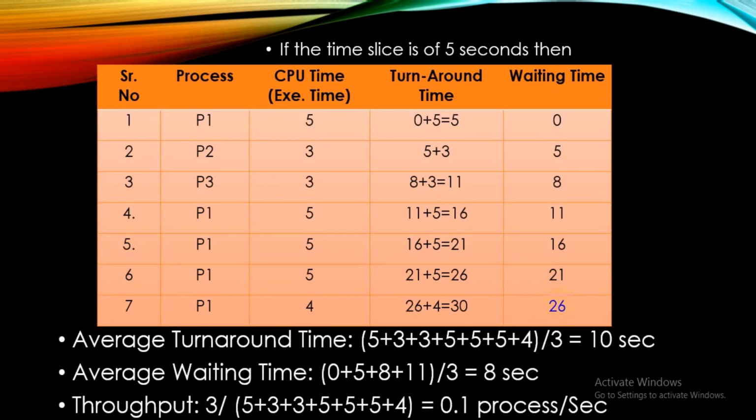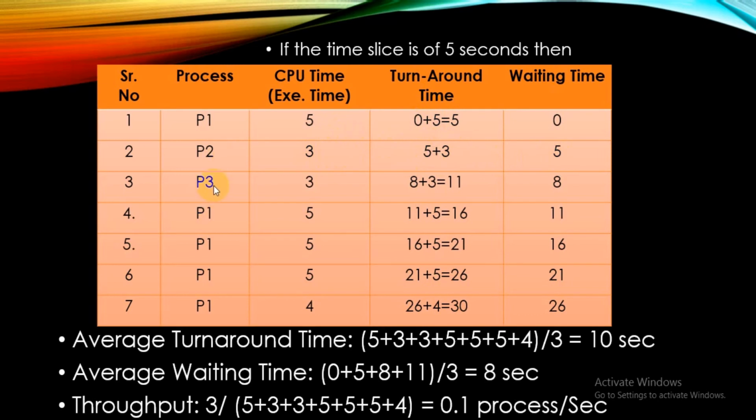Now, you have seen in the table, the P1 process executes for 5 CPU time. So turnaround time goes 0 plus 5 is equal to 5, and waiting time is 0. Now P2's CPU time is 3 seconds, and 5 plus 3 is the turnaround time, and the waiting time for the second process is 5 seconds.